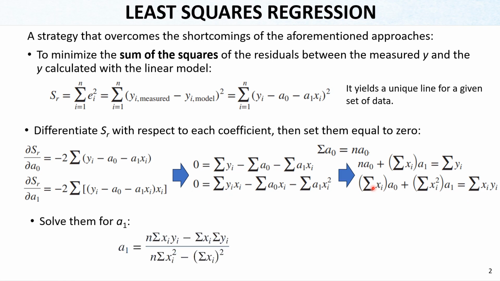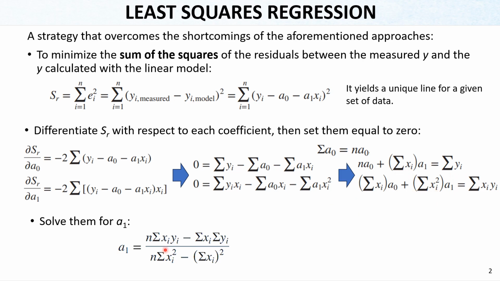And if we want to solve this for a1, you can use Gauss elimination here as well, or try to isolate a0 and then get a1. Here we eliminated a0 and then obtained a1 as a function of the other parameters of the data.